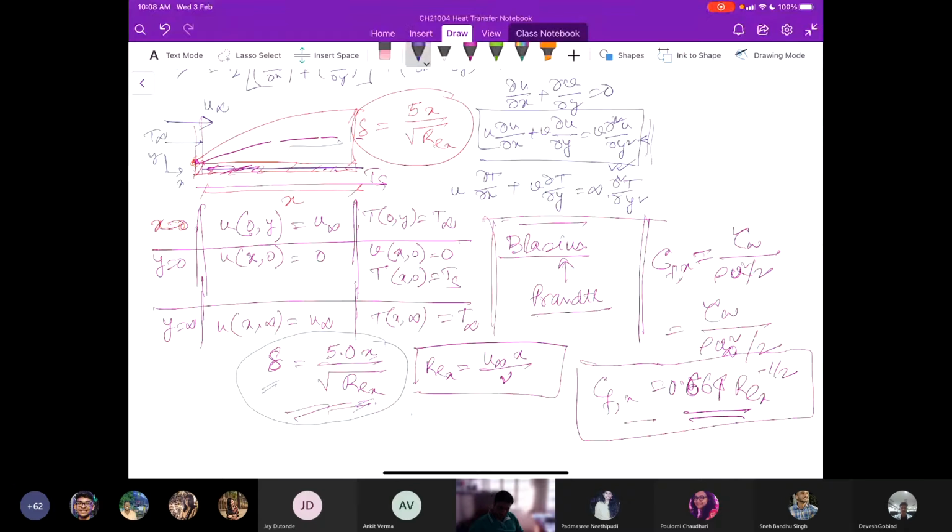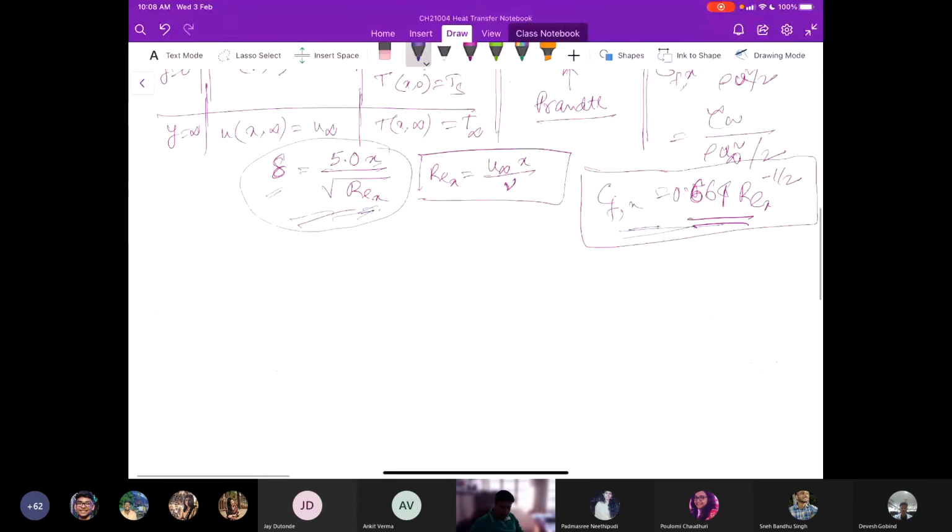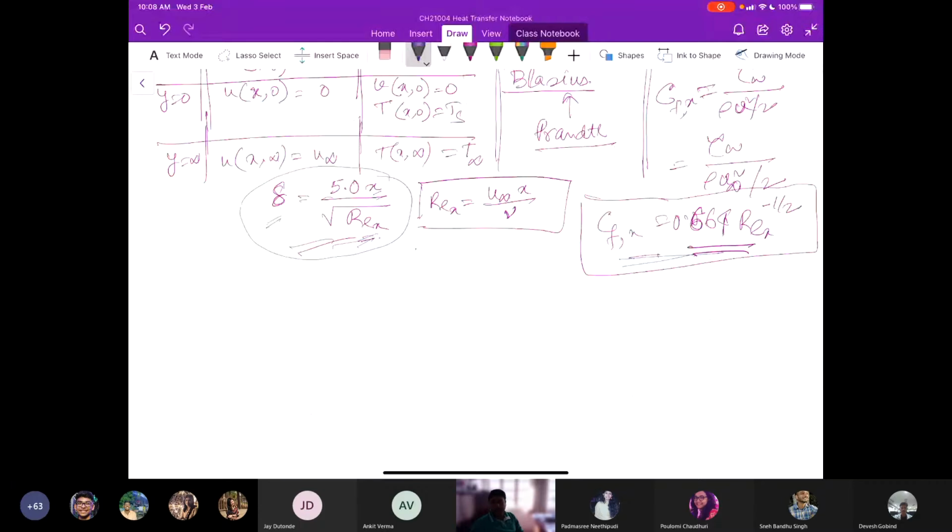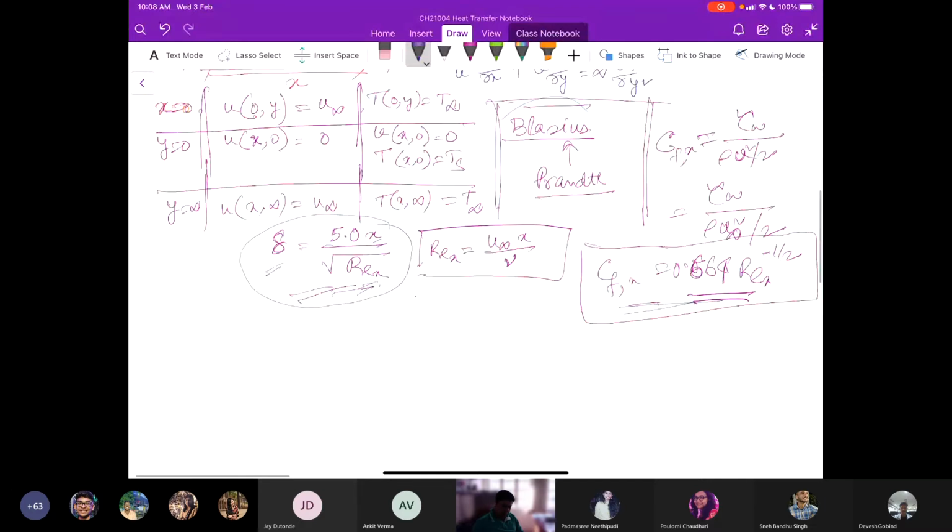At the same time, we understood that this relation can also be developed. We have not gone into the details, but it was solved by Blasius, if you remember, and then there have been several improvements, and several numerical techniques have been developed.